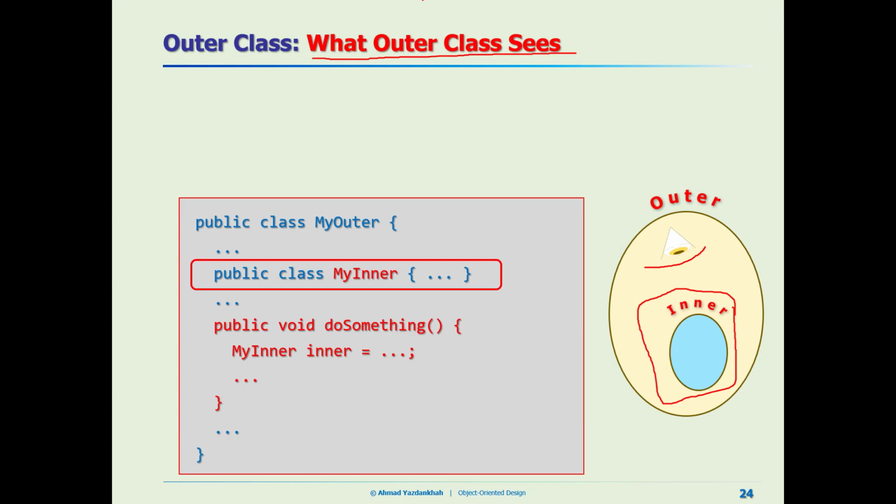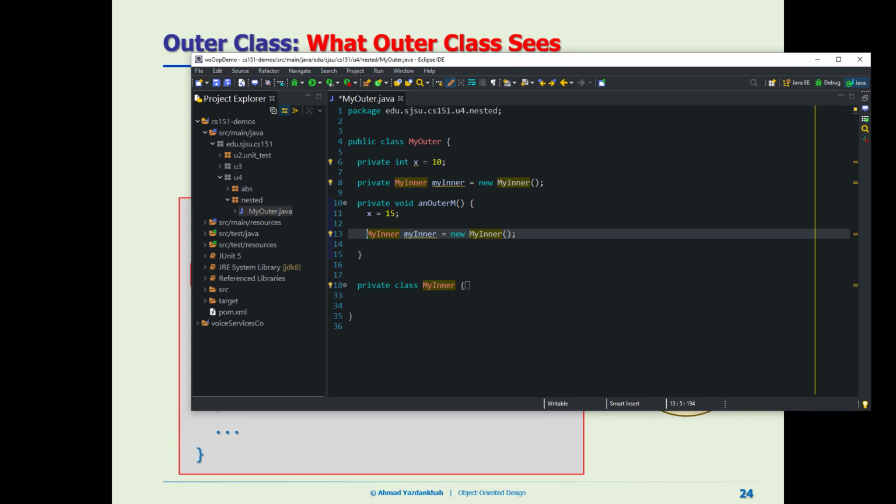What outer class sees, we are asking exactly the inner class itself, right? It can, yes. So the response is regardless of the type of the modifier. Here you see I made it private, but the inner class is private, it can see that, no problem.